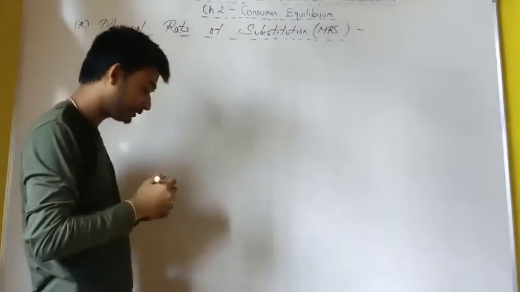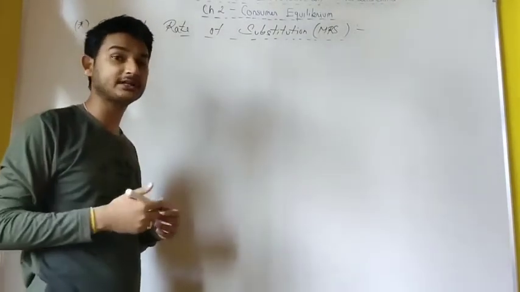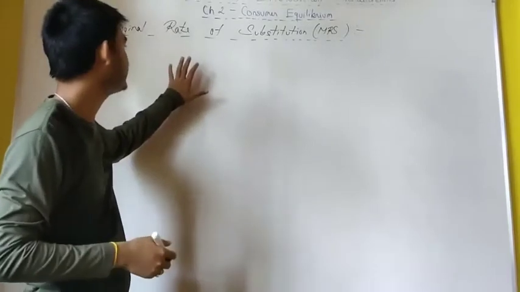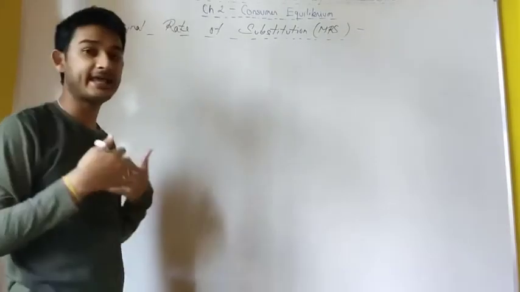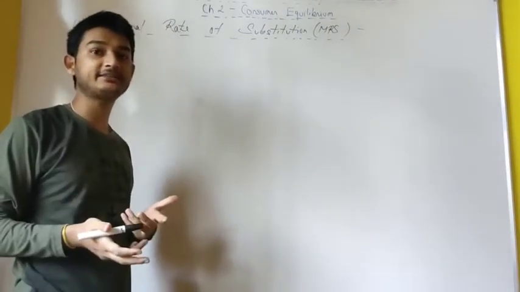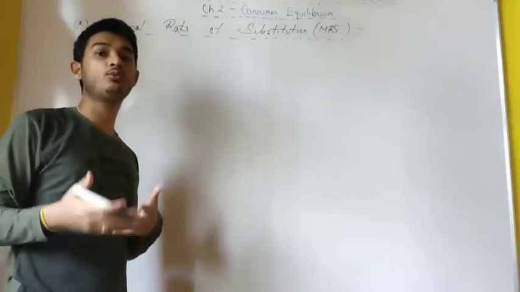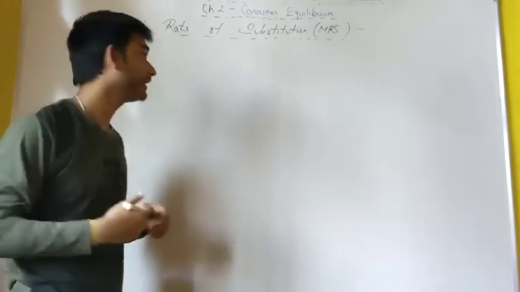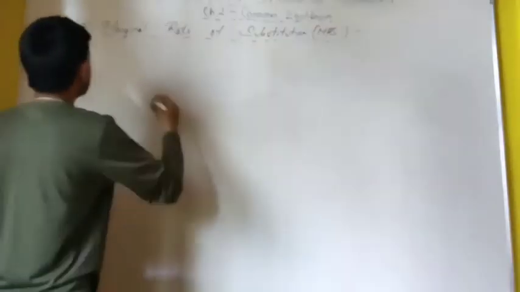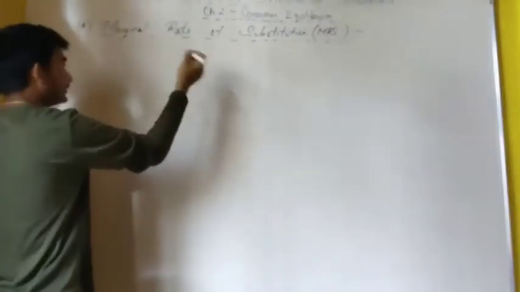Well, during the video on indifference curve, I told you that the marginal rate of substitution is the amount sacrificed in one commodity in order to consume one more extra unit of another commodity. So we can write the same definition.